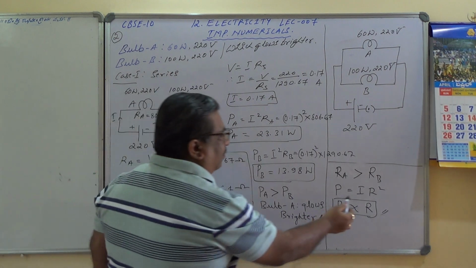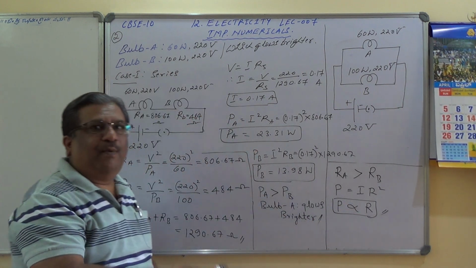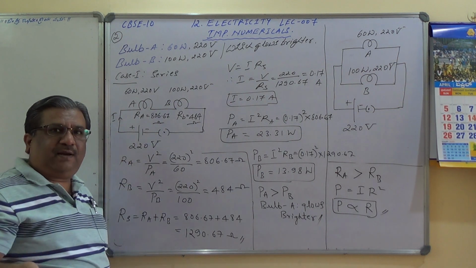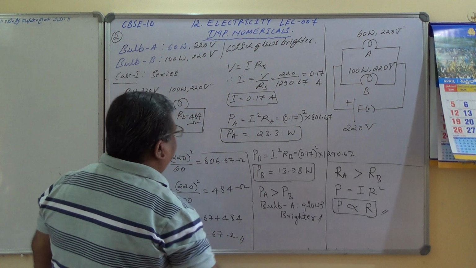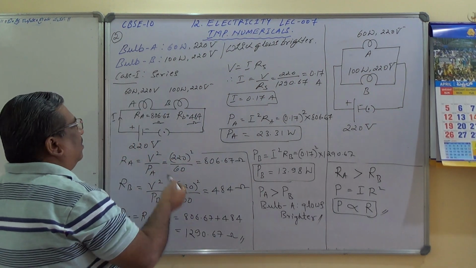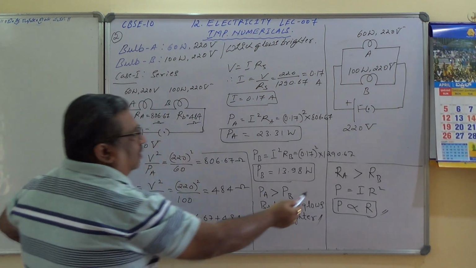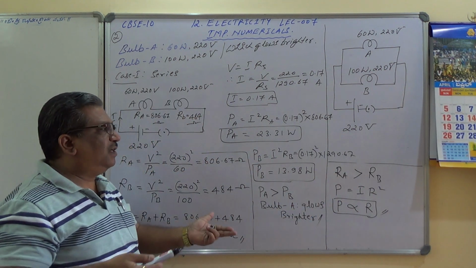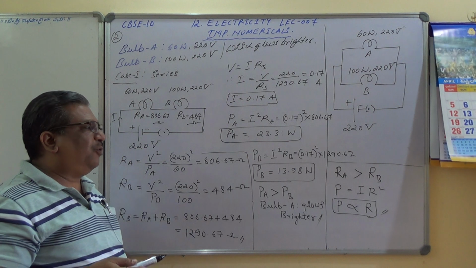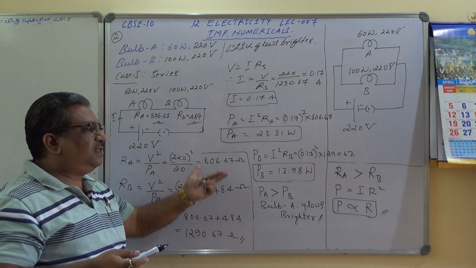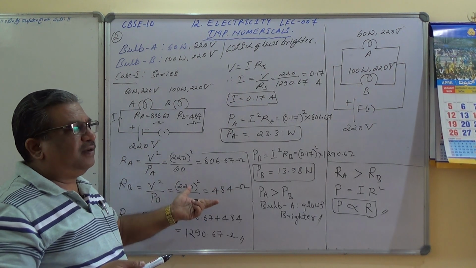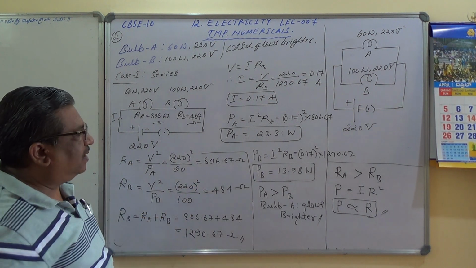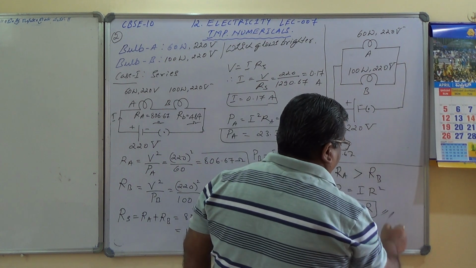And therefore, the more the resistance of the bulb, the more is the power, and hence that bulb glows brighter. Is it clear? So you calculate RA and RB, then say that the power consumed is directly proportional to the resistance, and hence the one which glows brighter is the one that has more resistance. This way you can conclude it. A very important concept here.